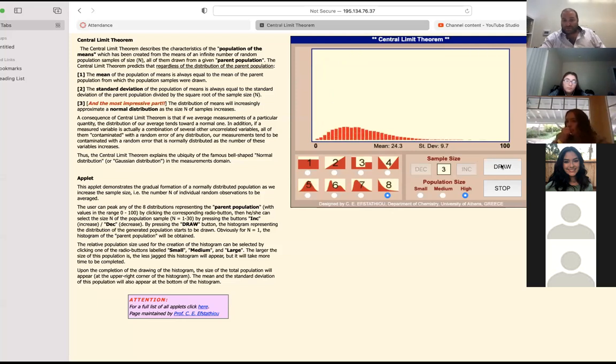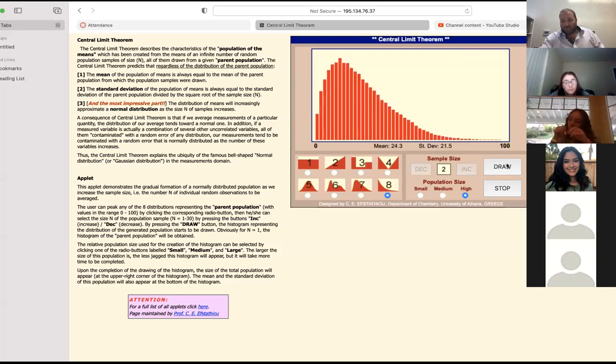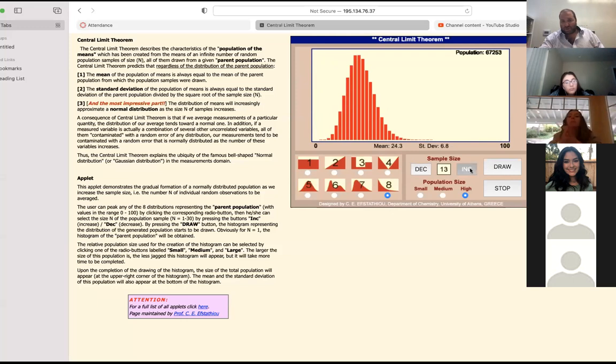If we did 3, well, let's go in order. So 1, certainly not normal. 2, not normal. 3, still got a tail on the right side. 4, a small tail. 5, very minor tail. By the time I reach 10, the tail's almost completely gone. 15, slight, if anything.